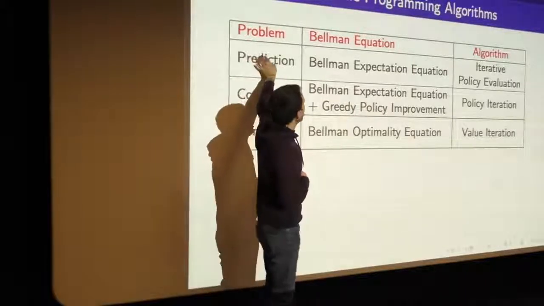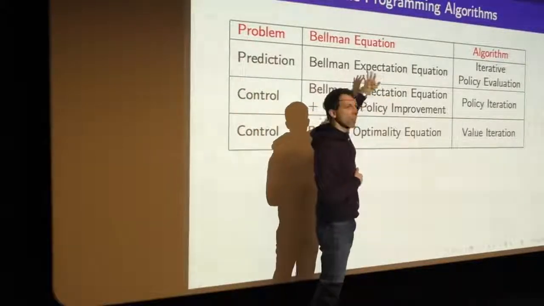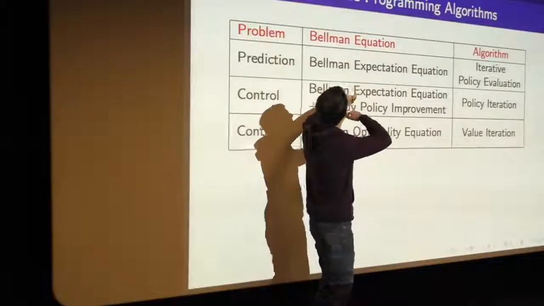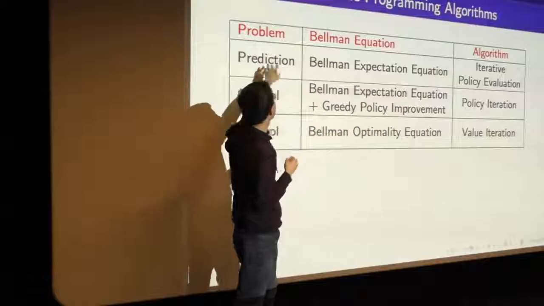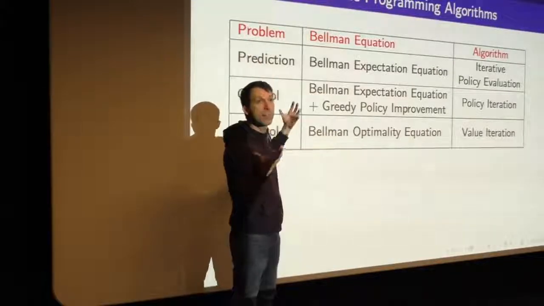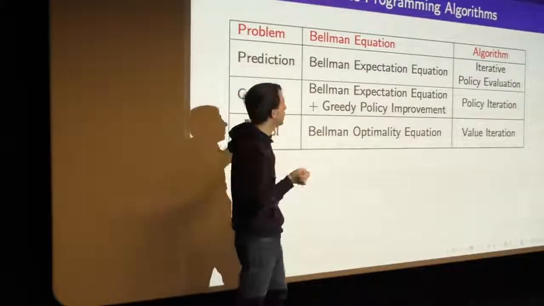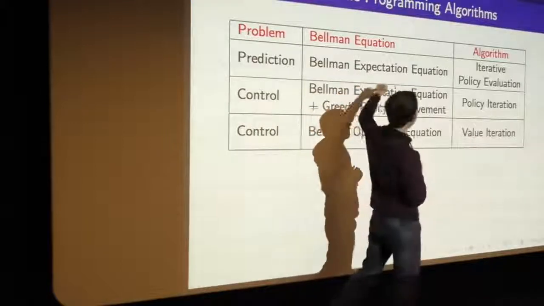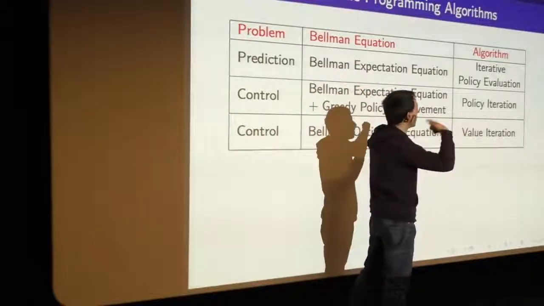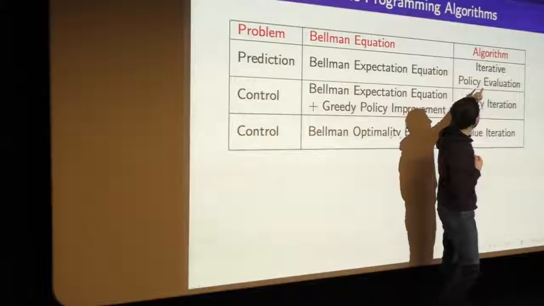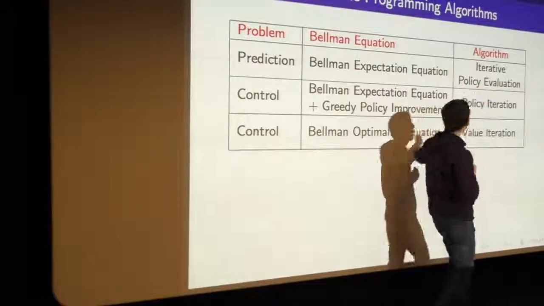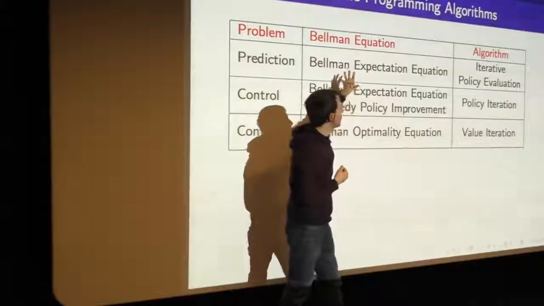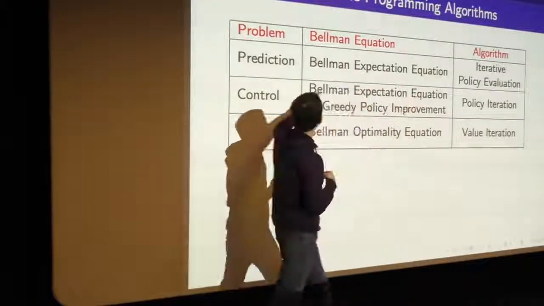To figure that out, we use the Bellman expectation equation, which defines what it means to have a value function when you're doing prediction. If we take that Bellman equation and turn it into an iterative update, we end up with iterative policy evaluation, which was the first part of today's class. So you take the Bellman equation, you iterate it, and it gives you V pi.